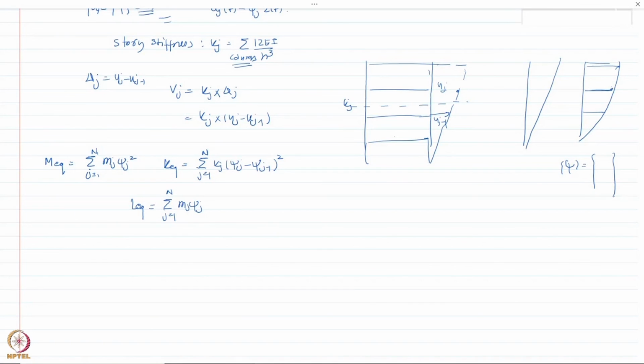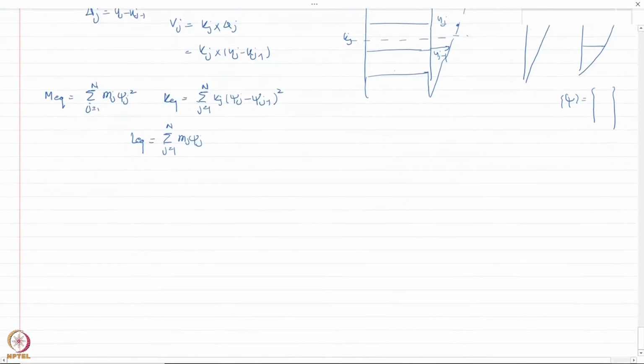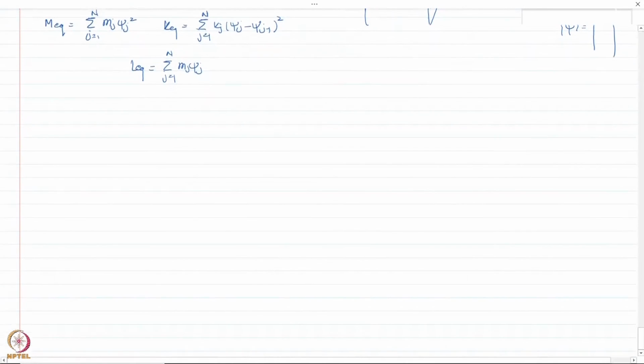So let us consider a 5-story building, in which I am assuming that at each level the mass is the same. So 1, 2, 3, 4, and this one becomes 5. All these masses are m, and all these story stiffnesses are k.